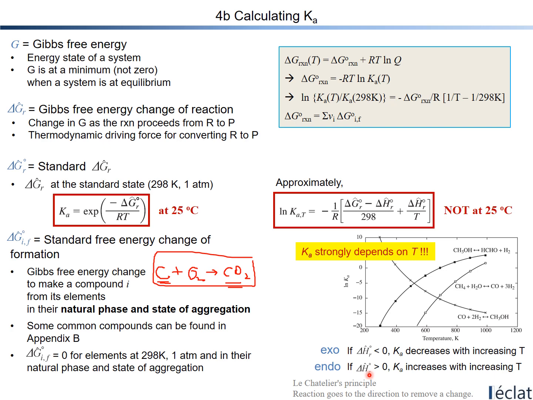And how about if delta H of reaction is larger than 0, a positive value, or if you have an endothermic reaction? Then the equilibrium constant would increase with increasing temperature.